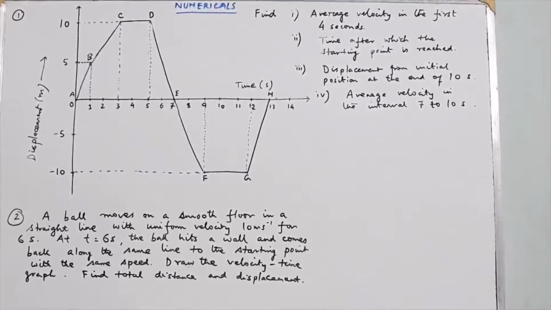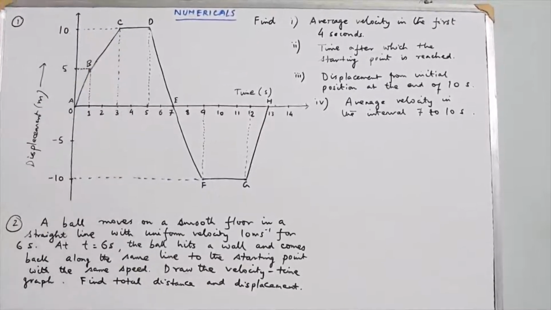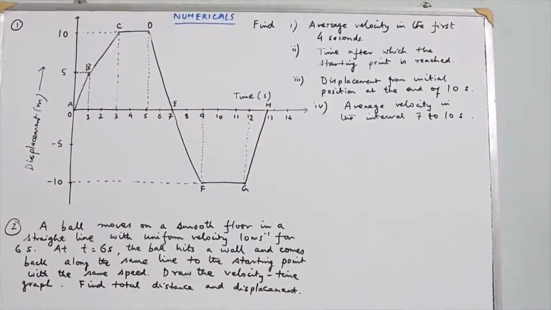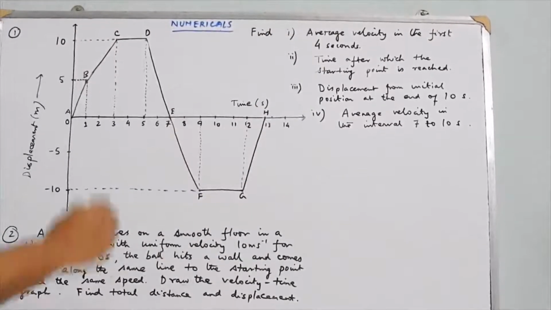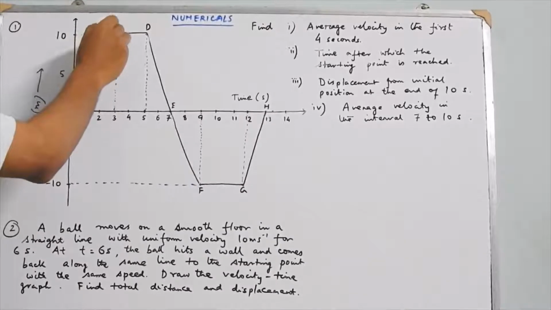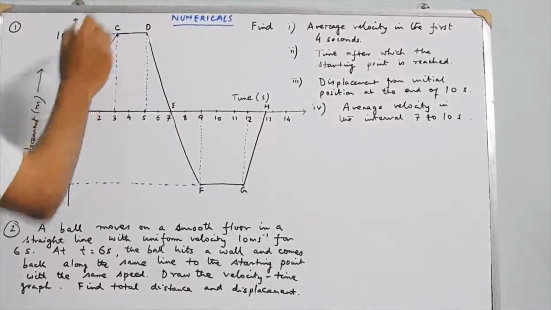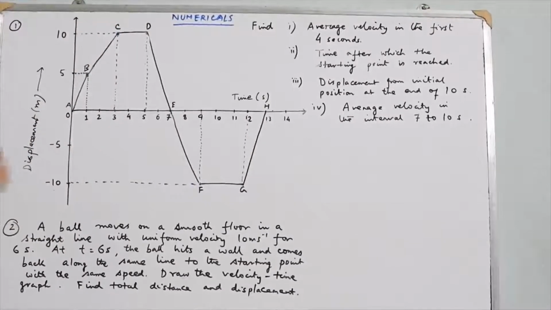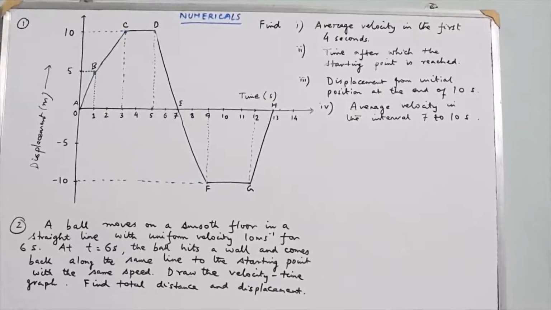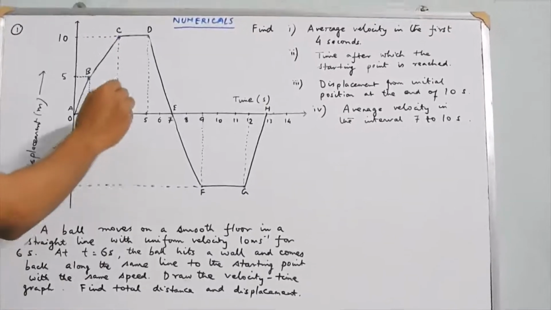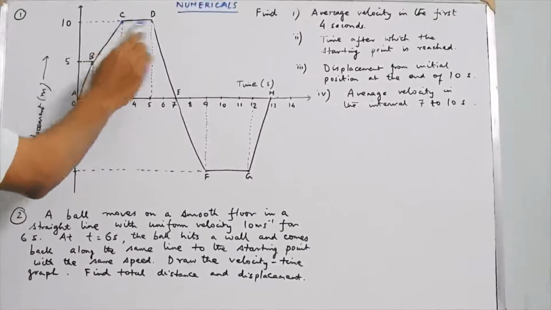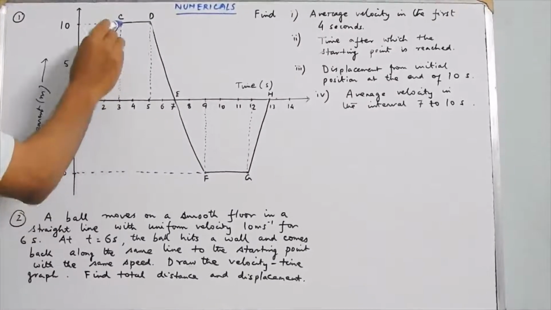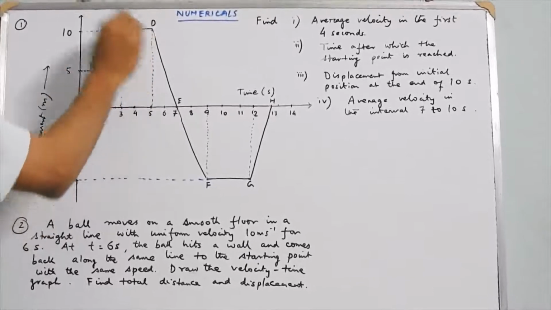That means obviously in this interval, the velocity should be 0. But you have to calculate the average velocity. So if at the point C you can calculate the velocity, then you can definitely realize the average velocity. At 3 seconds the displacement is 10, at 4 seconds it is 10, at 5 seconds also it is 10.